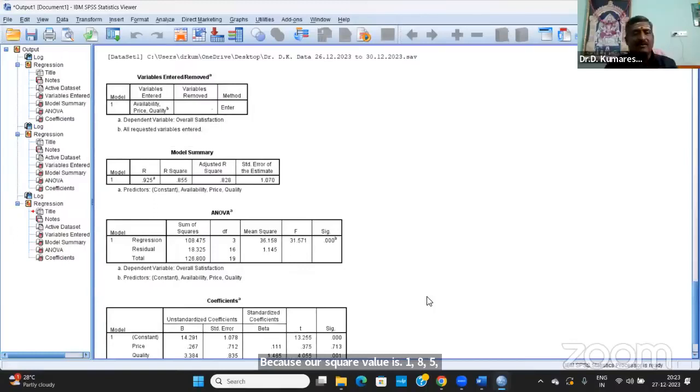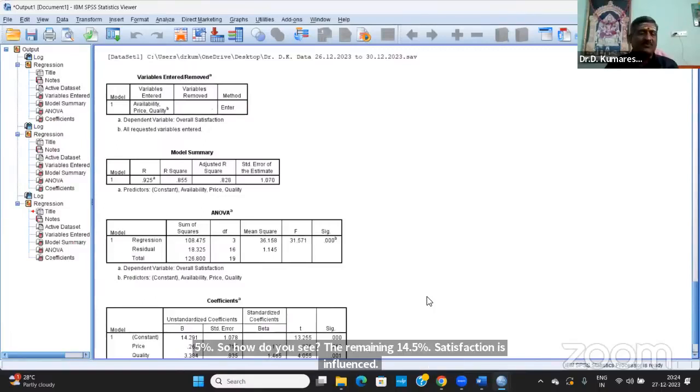That means the independent variables, that is price, quality, and availability, are influencing the satisfaction to the extent of 85.5%. So obviously, the remaining 14.5% of satisfaction is influenced by other variables that are not considered in our study.